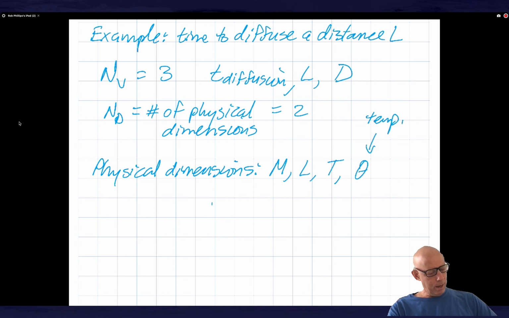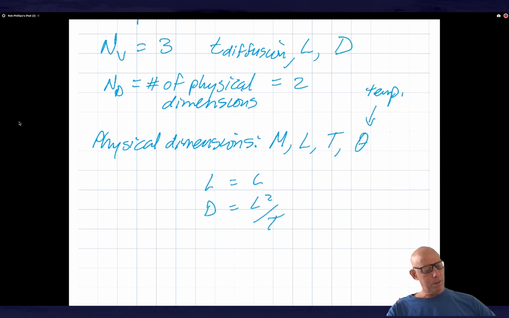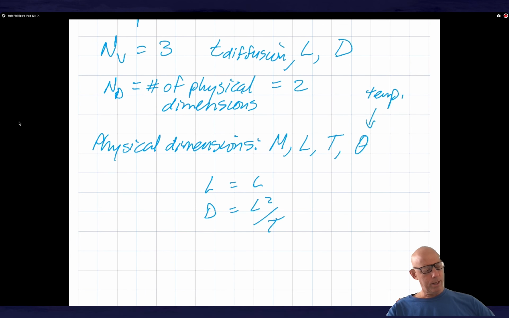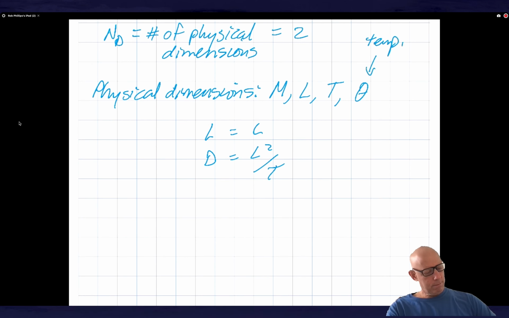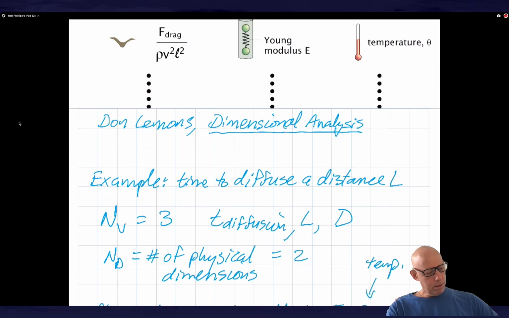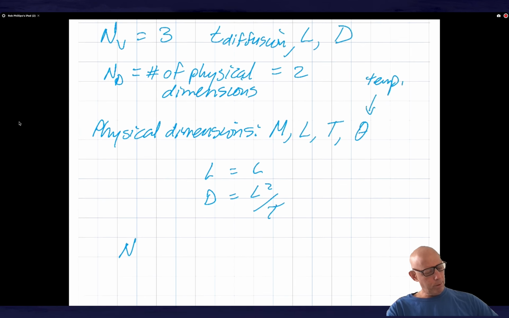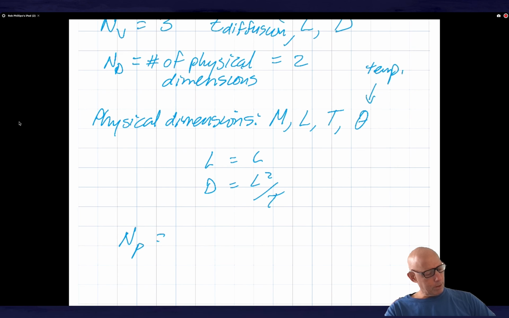So L is L, and then D is L squared over T. So the only two physical dimensions that appear in our problem are length and time. And so NV minus ND, the number of dimensionless parameters, is equal to 3 minus 2 is equal to 1.